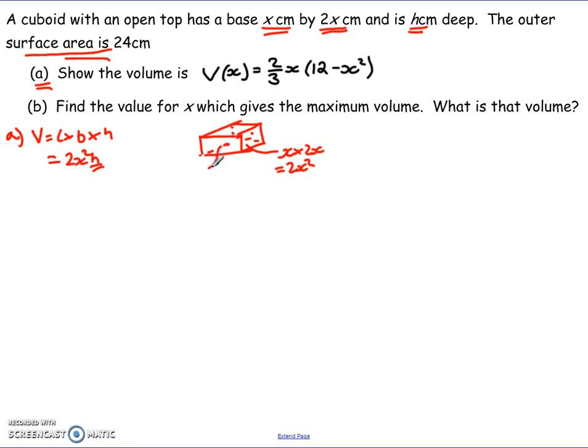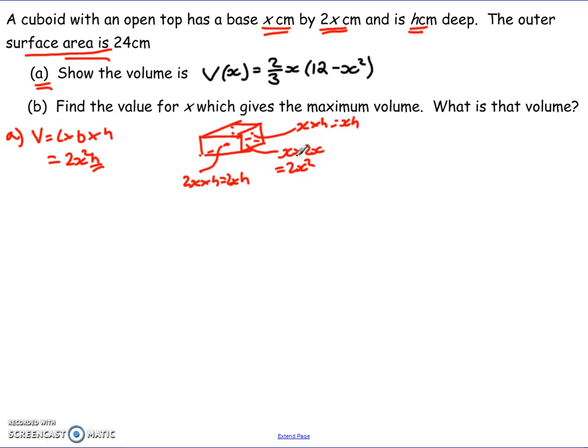So what I can do is calculate the area of the front, the area of the right hand side, and then double it. And if I add all these values together, I get what my surface area is going to be. So if I take this one here, I've got my base along the bottom times my height. So in this case, I'm going to have 2x times h, so I get 2xh. Then if it's this side over here, I've got x times h, which is xh.